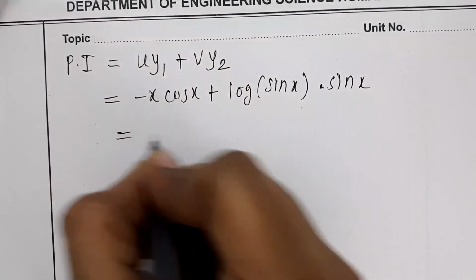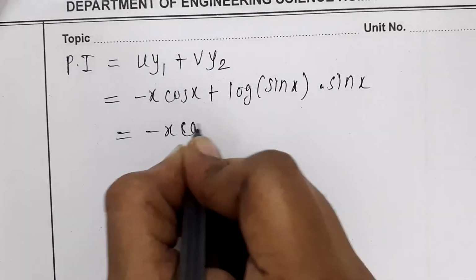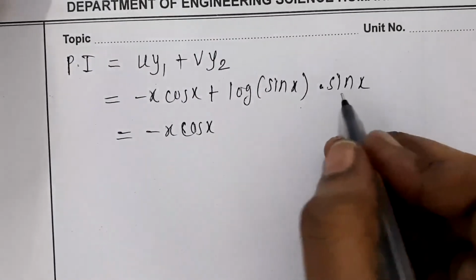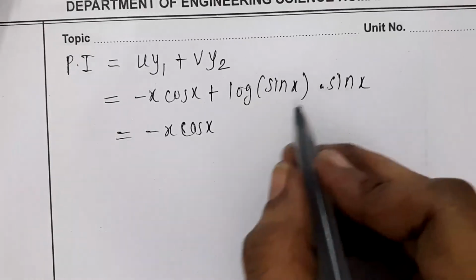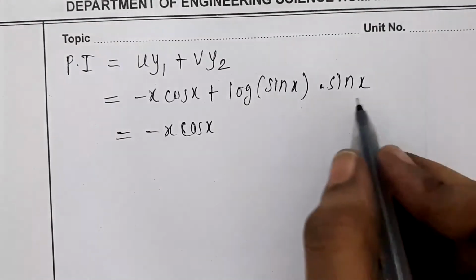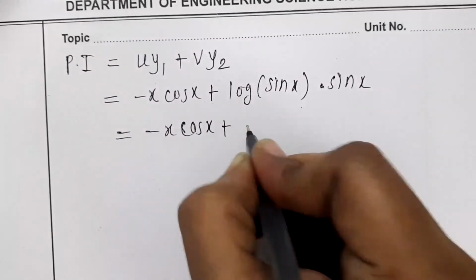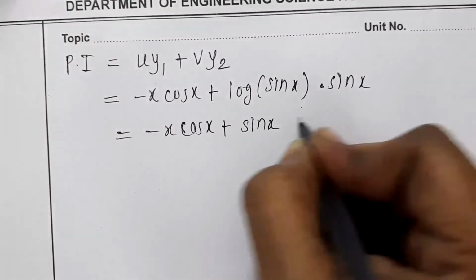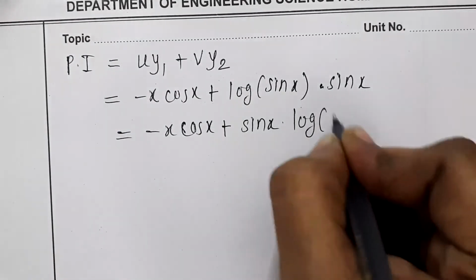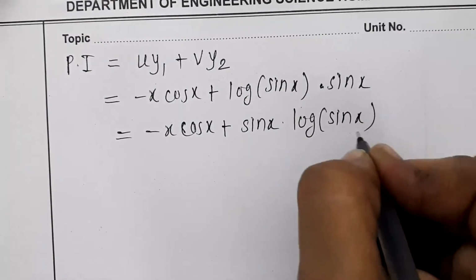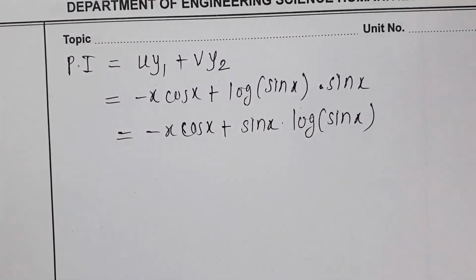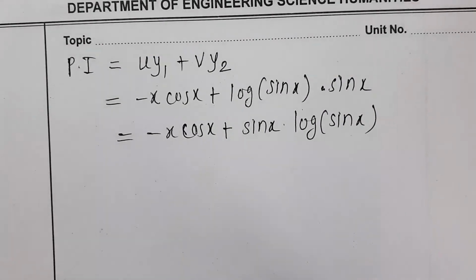So it is equal to minus of x cos x. This sin x into sin x is sin square x. No, this is log of sin x into sin x. So you cannot multiply this sin x into sin x. Plus write that sin x first and after that log of sin x. This is the value of particular integral.